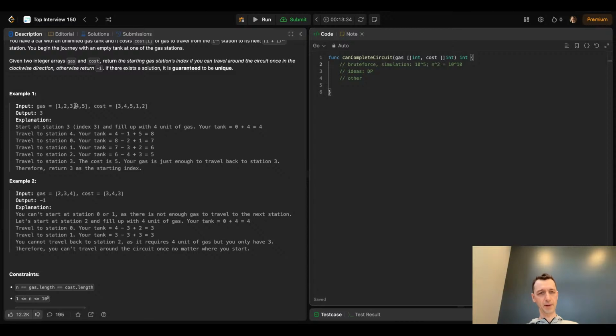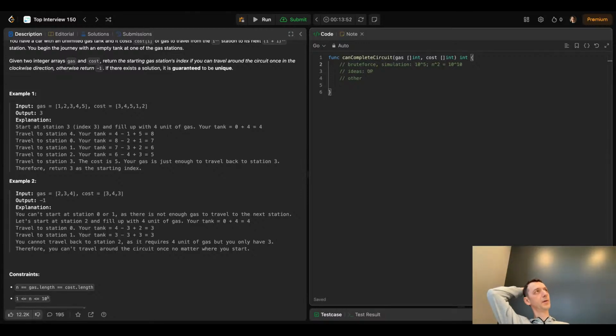You can have a deficit at some further spots, but as long as you have a profit of gas in other spots, you can still make a circle. You just don't want to start with the deficit.